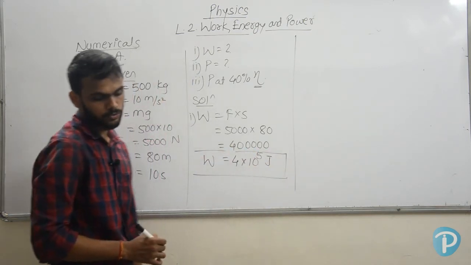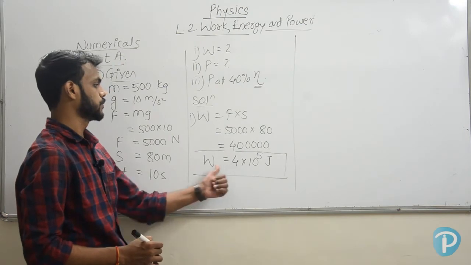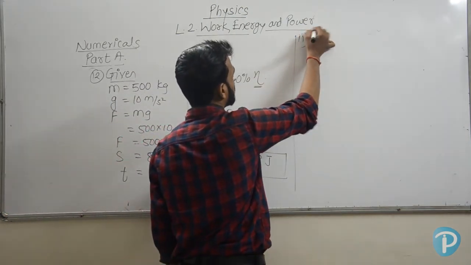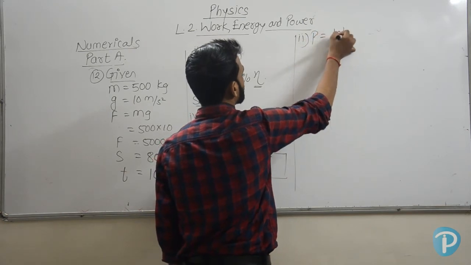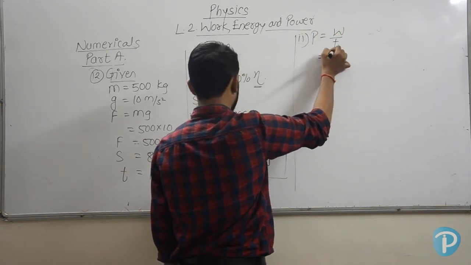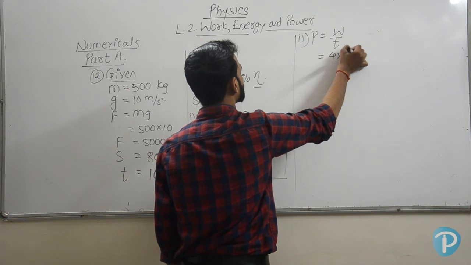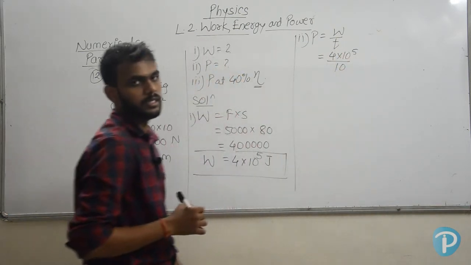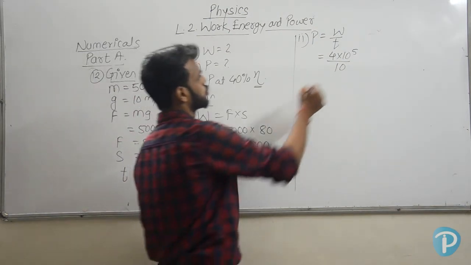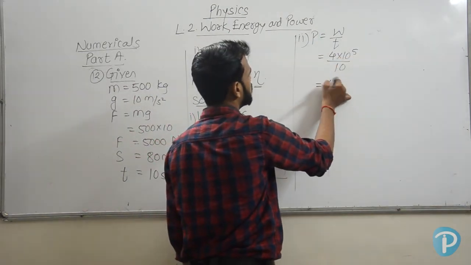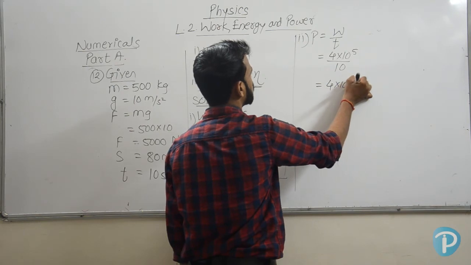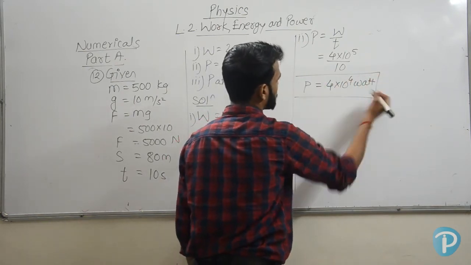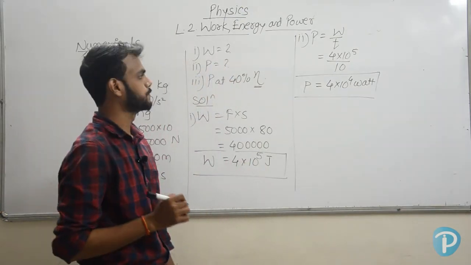Then we will calculate the power developed, which is work done upon time. Work done is 4 into 10 raised to 5 divided by time taken by the machine, 10 seconds. So one 0 will get cancelled. It will be 4 into 10 raised to 4 watt. This is the power developed by that pump.